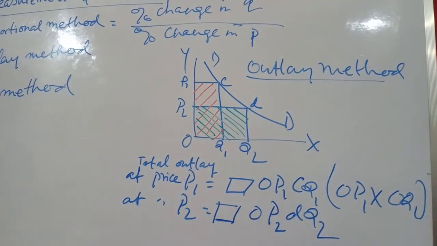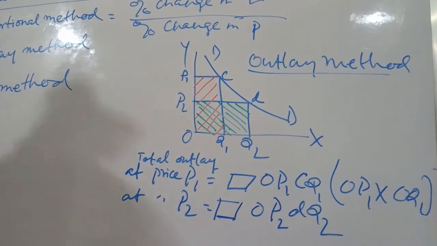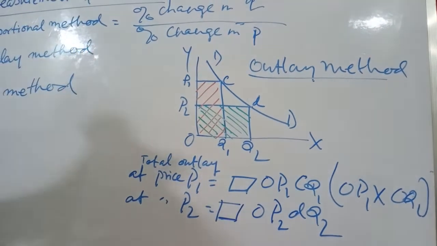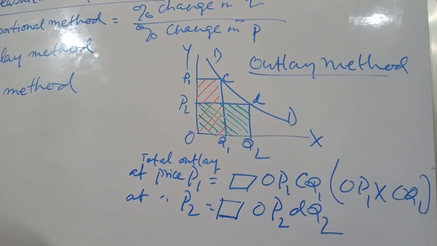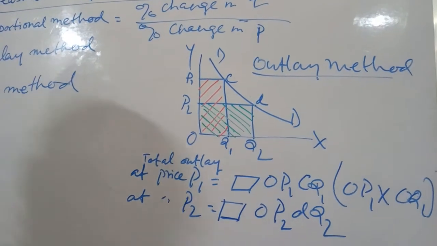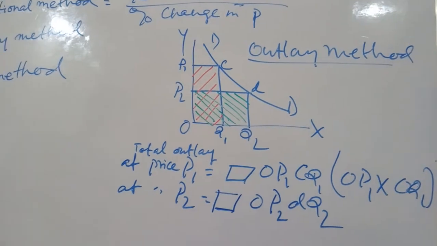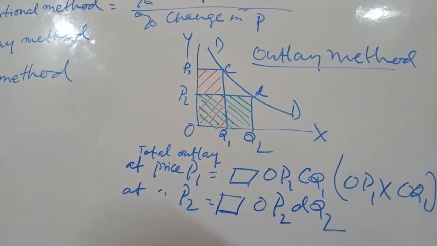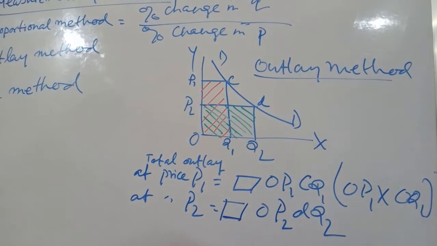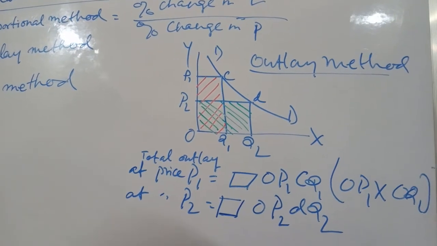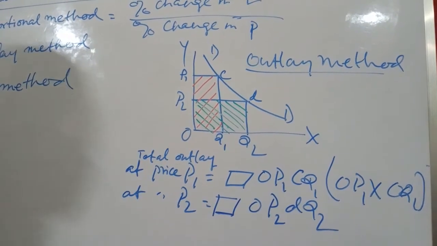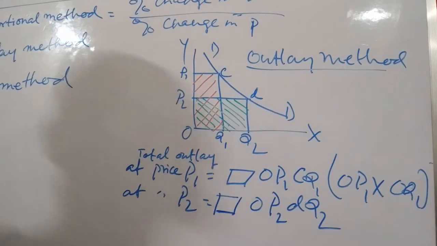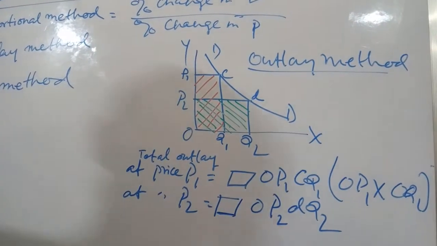And if due to a fall in price, the new total expenditure remains the same as the old total expenditure, then elasticity is said to be unity, that is equal to 1. Let us take a numerical example to understand the outlay method.